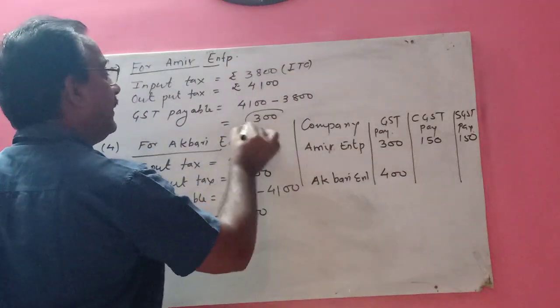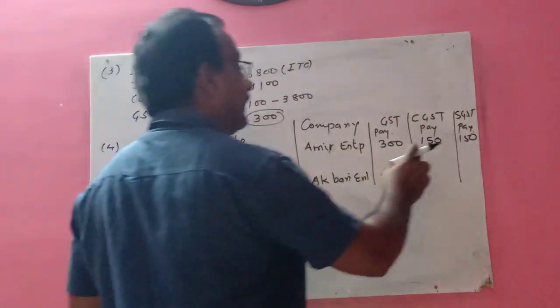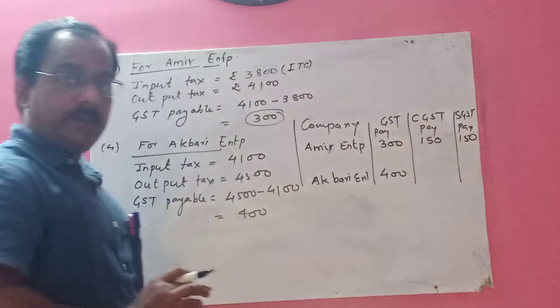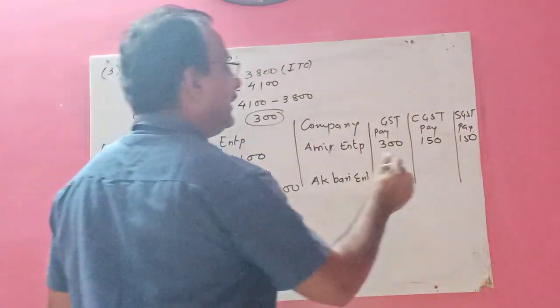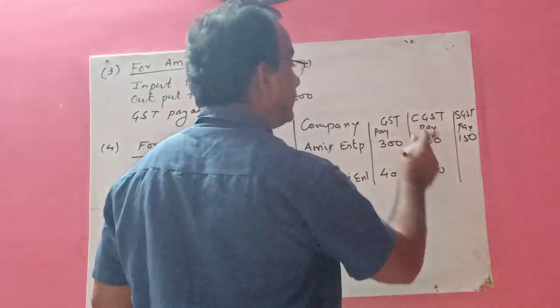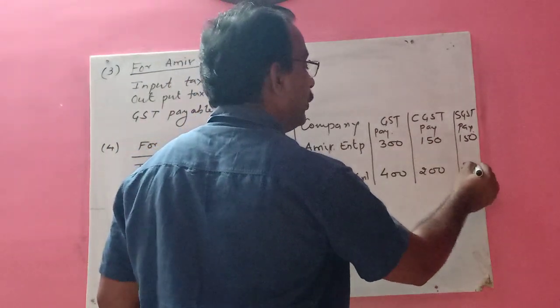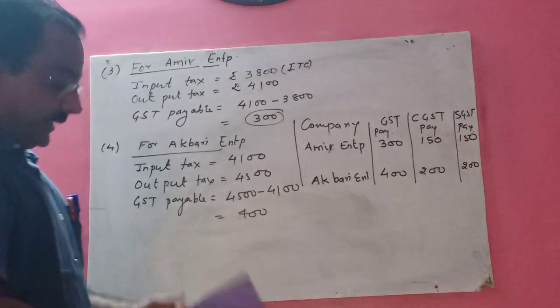Out of 300, 150 goes to the central government and 150 goes to the state government. Similarly here, 200 rupees goes to the central government and 200 rupees goes to the state government.